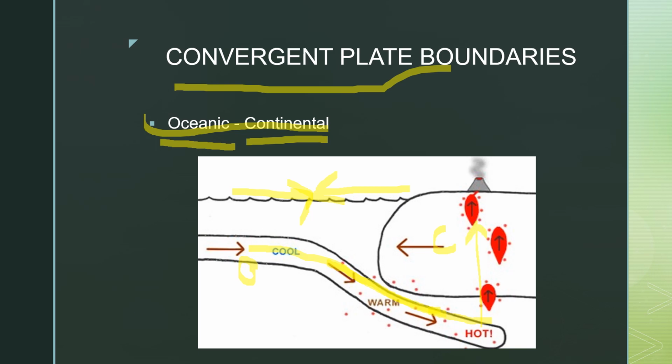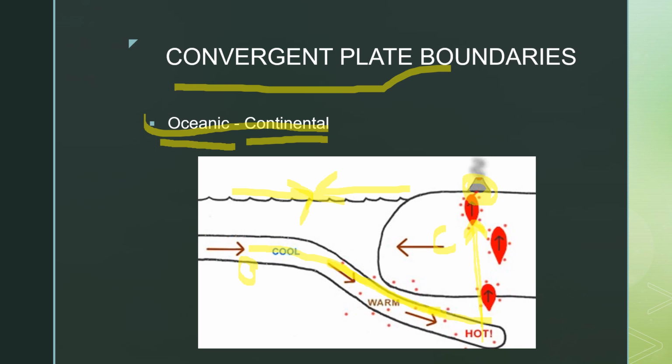Due to the density difference between the minerals of the oceanic crust and the minerals of the magma, the oceanic crust minerals start to rise up, and they rise up as volcanic eruption and come onto the surface as lava.